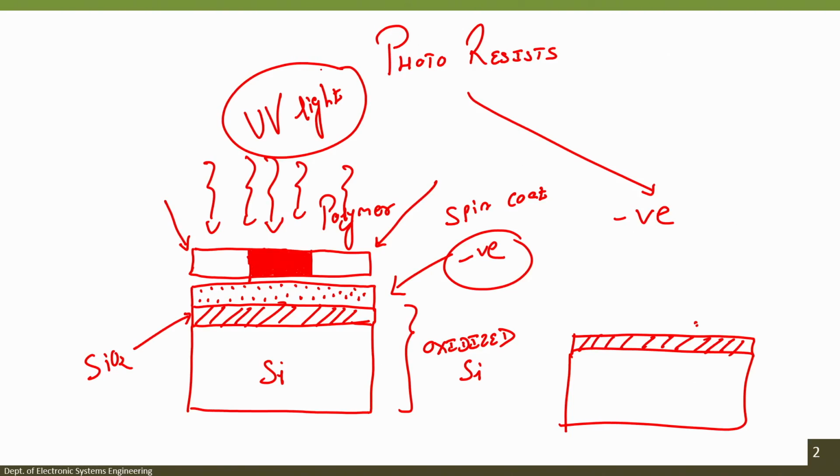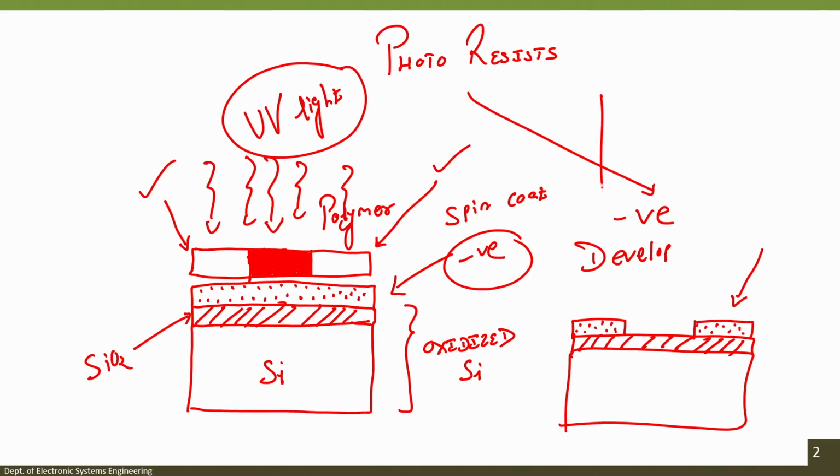After exposing, if I develop the photoresist, what will happen? The area which was not exposed got weaker and the area which was exposed got stronger, you can see here.